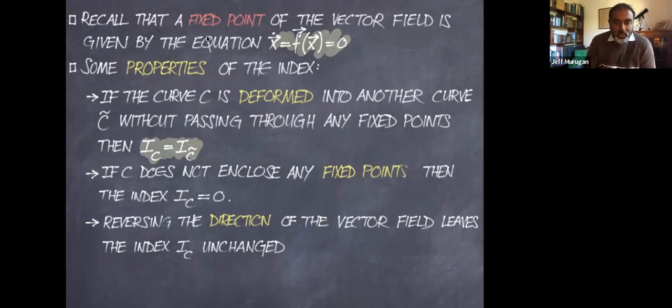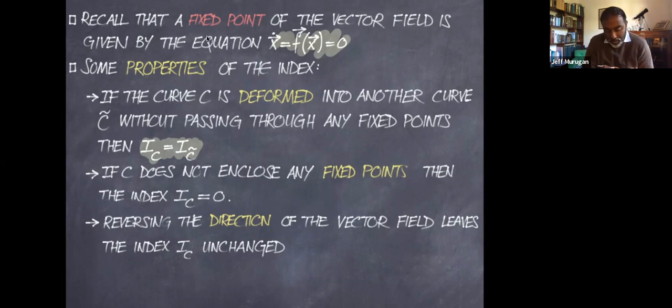The reason why this is a useful thing to know is because sometimes computing the index for one curve is much easier than computing the index for a second curve. And if the index is invariant under that deformation, then great, I can just deform it to the simplest possible curve, compute the index, and be guaranteed that it'll be the same as the index that I'm looking for.